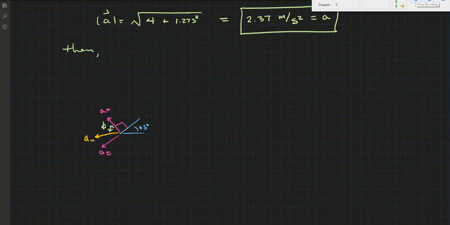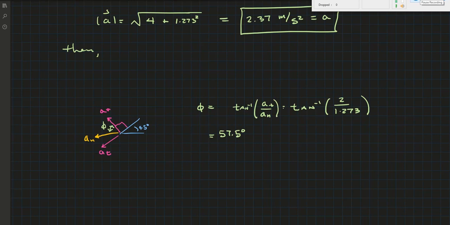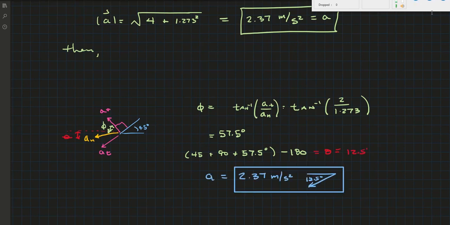Let's call this phi, and that equals the arctangent of the normal over tangential acceleration, which is 57.5 degrees. Then we can find this smaller angle theta, which equals 12.5 degrees. And then here's our result.